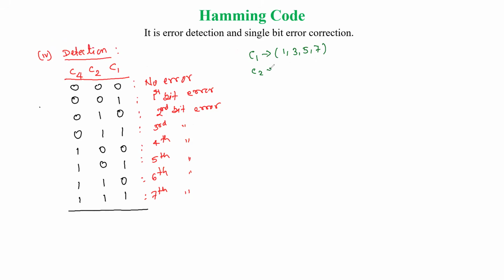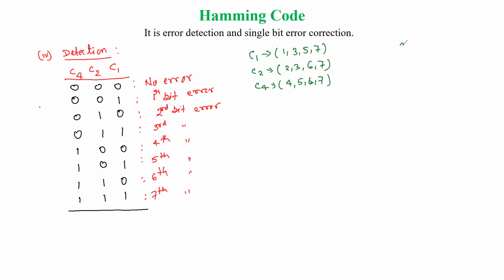For this C2, you will start with 2. Then what we'll have here? 3. Again 2 gap, 4, 5. Then we have 6, 7. Similarly for this C4, we'll start at 4, and we have consecutive 4 bits here, so 4, 5, 6, 7. So these bits we are going to look at to check whether it has error or not.